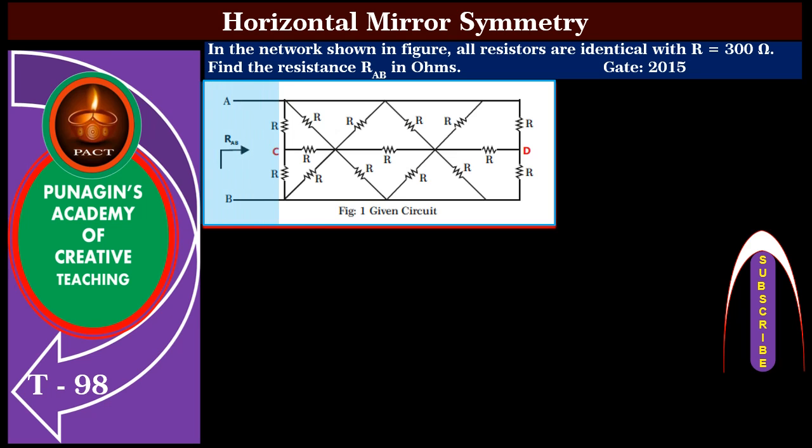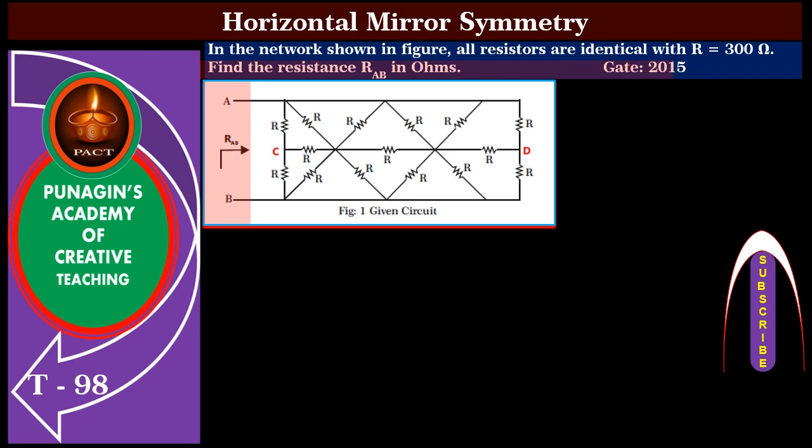Friends, I feel that this problem is more suitable to introduce the horizontal mirror symmetry. Observe the network in view of modifying the network to identify the horizontal mirror symmetry.